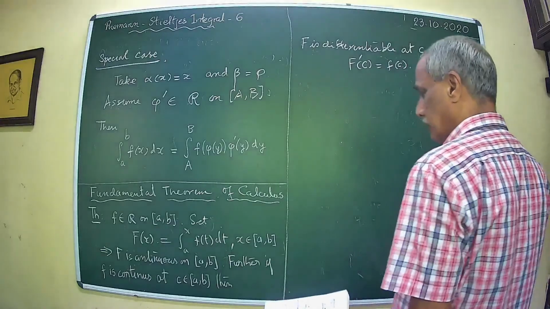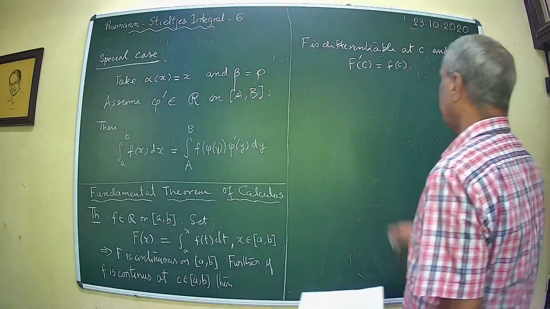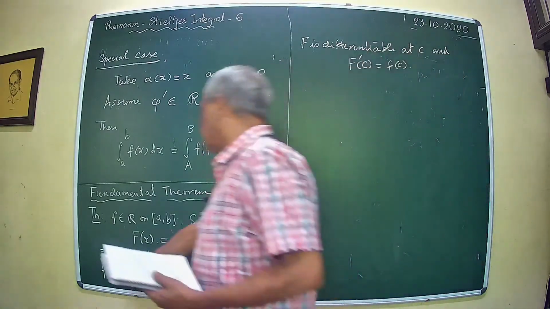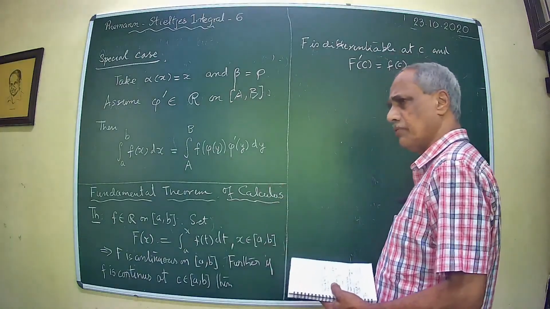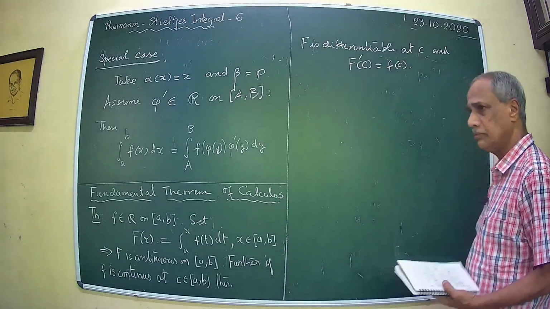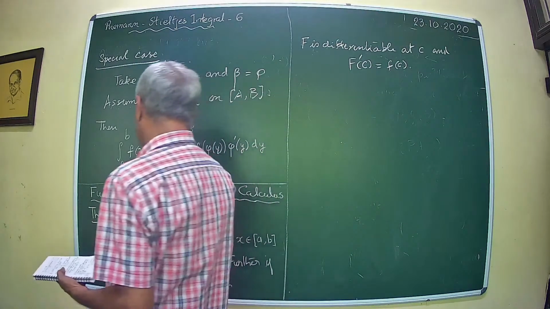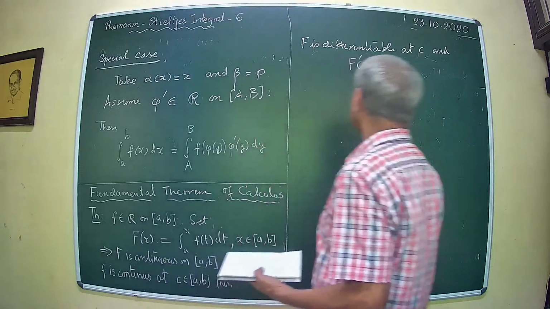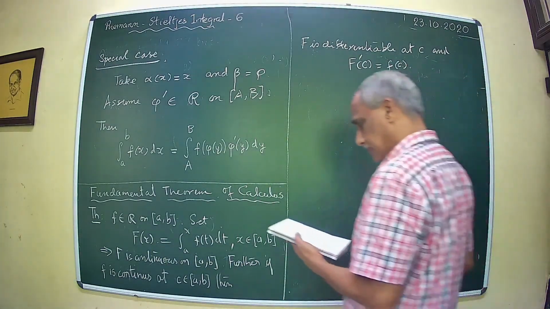What is to be noted here is that we get F is continuous on AB once small f is Riemann integrable. But only at the points of continuity of small f do you get capital F differentiable with F derivative equal to f. That's just the remark that I want to make.